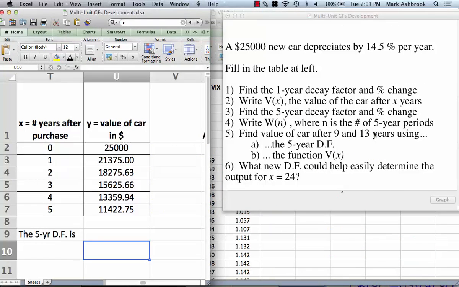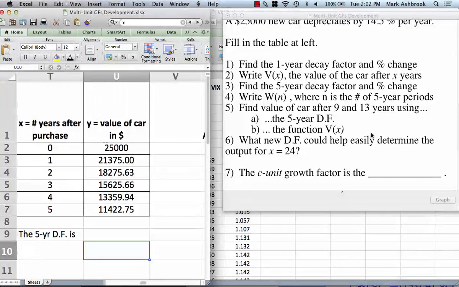So let's summarize what a C unit growth factor is. C unit means any unit, like any number of years in this situation. Could you finish this statement? A C unit growth factor is what? See if you can write your own definition for this.